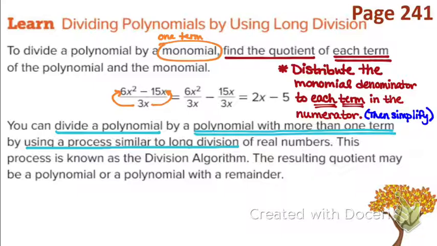And so I'm going to write them each down as their own division problems. If it's subtraction in between, I'm going to write it down with subtraction in between here. If it's addition, then I'll write it down with addition. And then I simplify each one. And so like this one comes out to be 2x minus 5. That's the first skill that we're going to practice on example number 1 today.